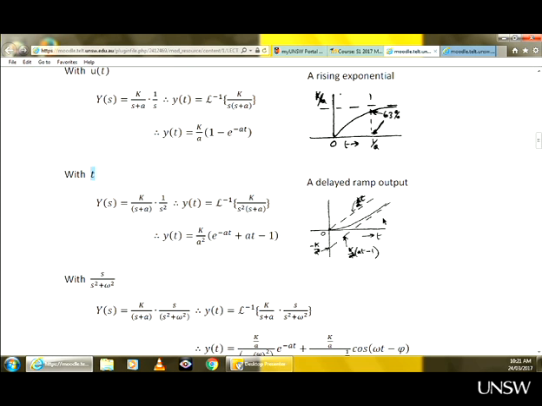Now, I think, before we move to the fourth case, I hope you can notice that each of these responses or outputs can be divided into a steady state part and transient part. So in this particular case, this is a transient part of the response. Why transient? Because after a certain period of time, it becomes irrelevant.